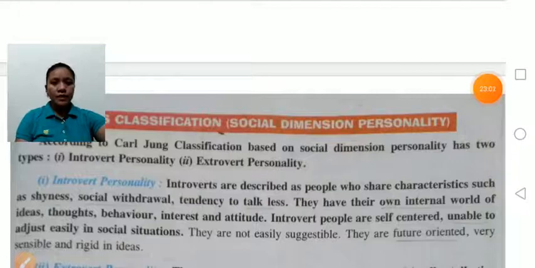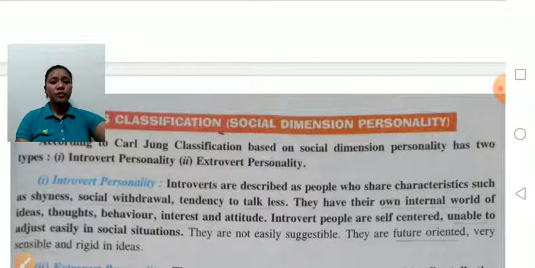So, introvert personality means persons who want to live in their own internal world of ideas, thoughts, behaviors, interests, and attitude. They are very shy, socially withdrawn, and tend to talk less.